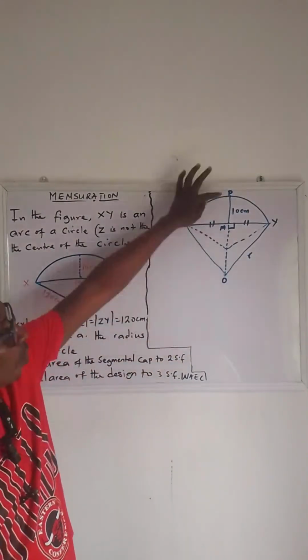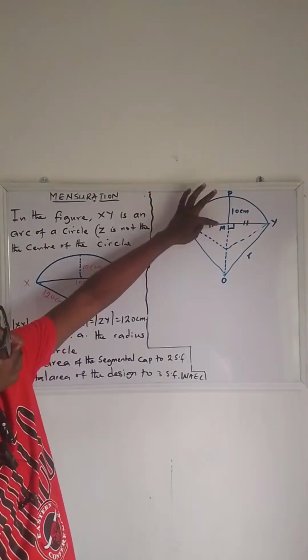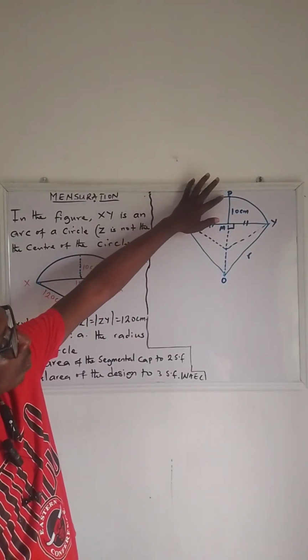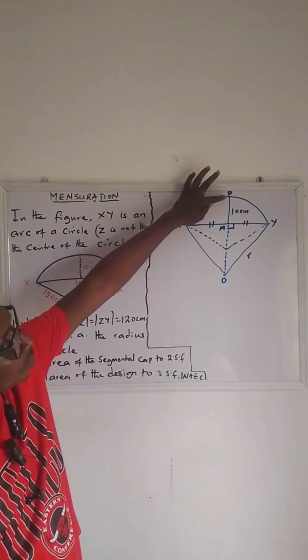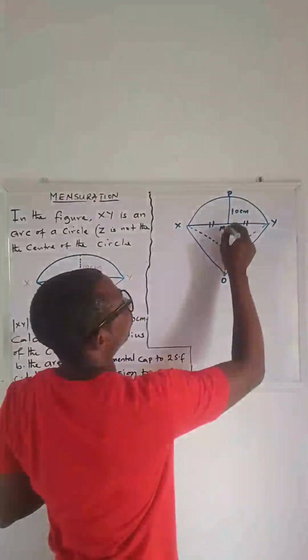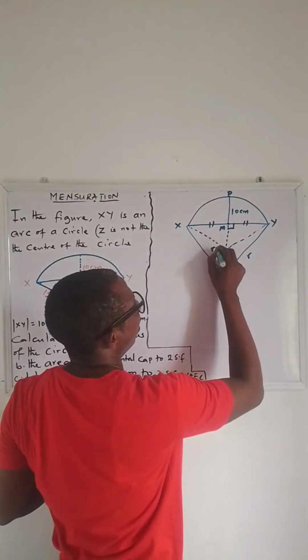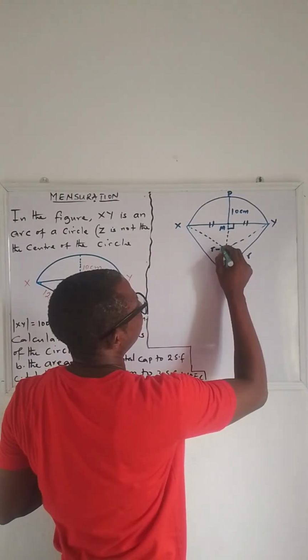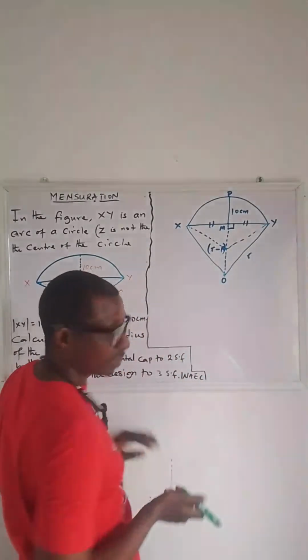Now, OM is 10. So if I want to get MO, it's going to be OP minus PM, so from here to here it's going to be R minus 10. I hope you understand that.